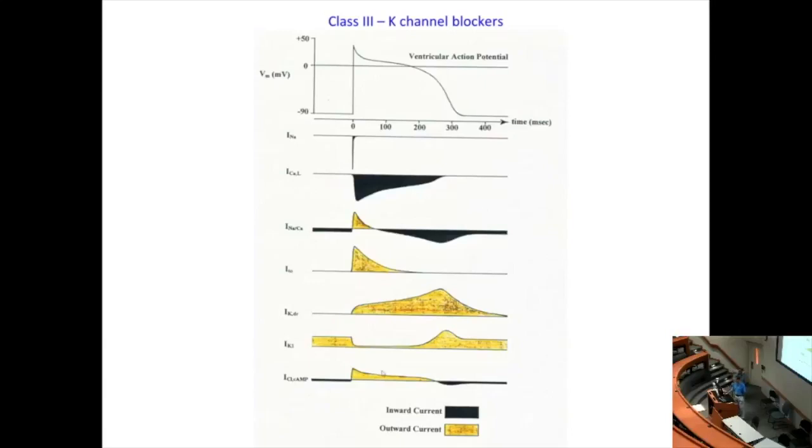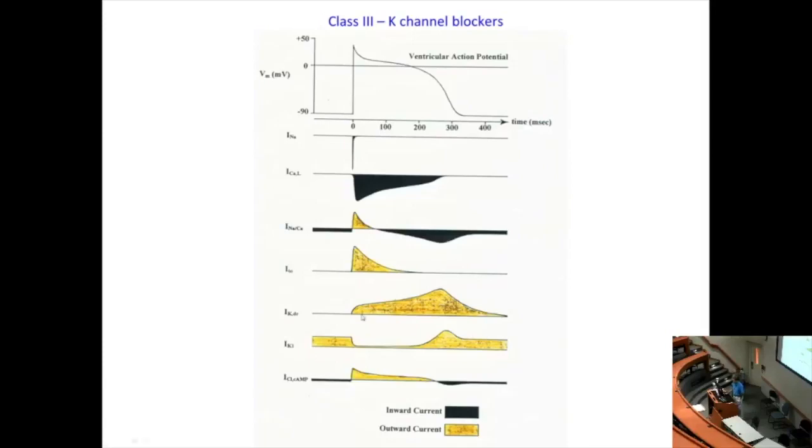And eventually the potassium channels win, primarily your IKS, which is a delayed rectifier. That brings you into phase 3, and that brings you back down to rest where your inward rectifier is most active, okay? So that was a really quick way to go through what was an entire lecture last year.